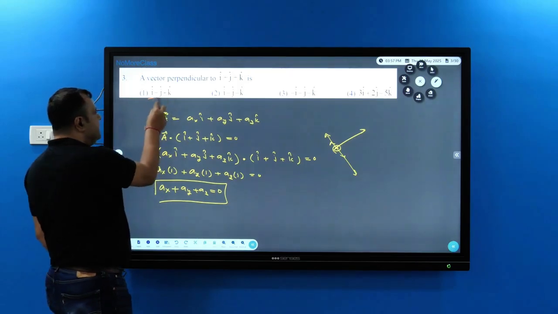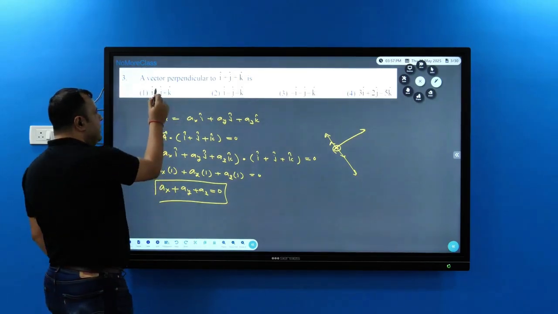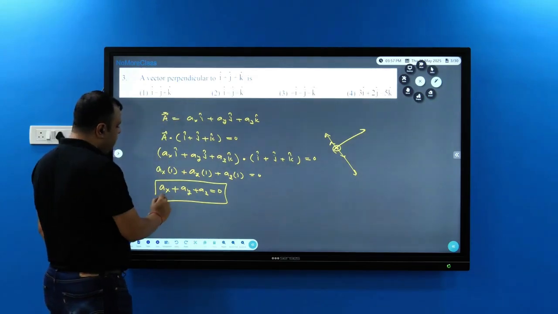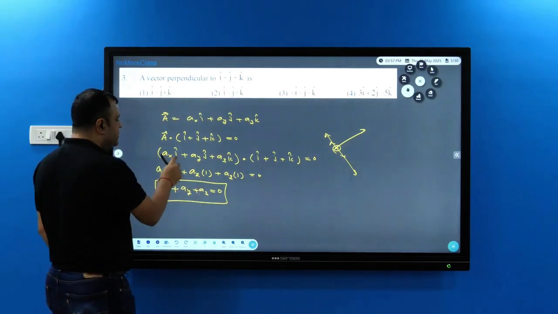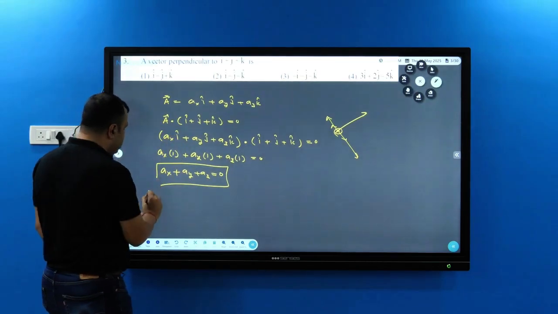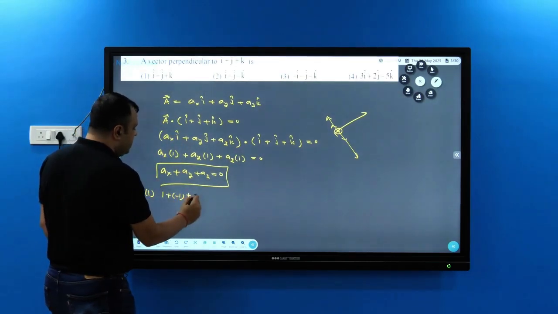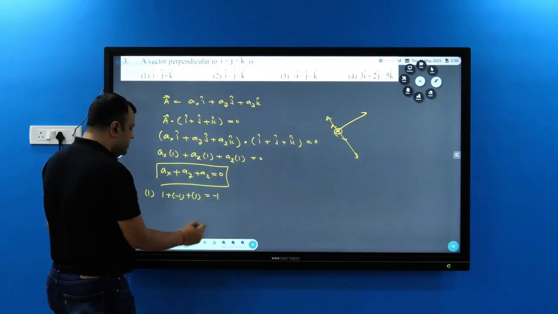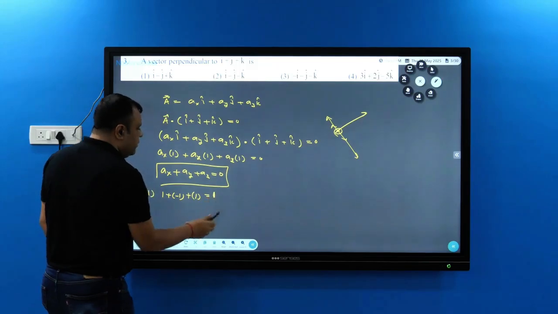In the first option, Ax is 1, Ay is minus 1, and Az is 1. So 1 plus of minus 1 plus of 1 is coming out to be 1, which is not 0.